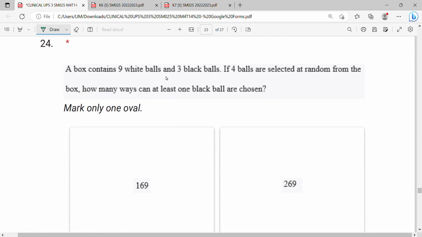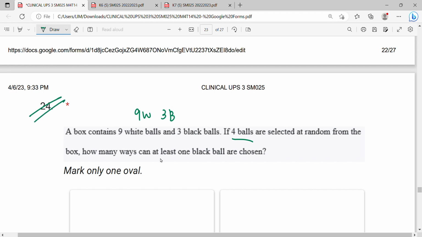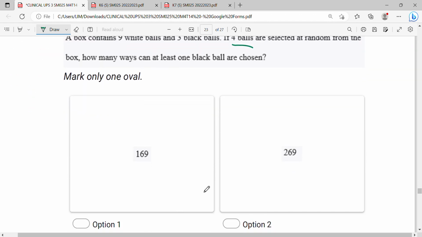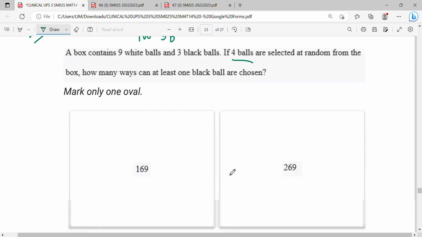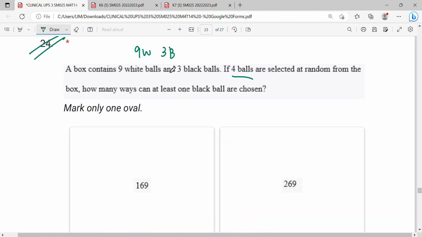You have 9 white, 3 black, select 4 randomly. So how many ways at least 1 black is chosen? This question cannot be worked. Soalan ni tak betul. Setting ni tak betul. Because 9 white balls, they are identical.